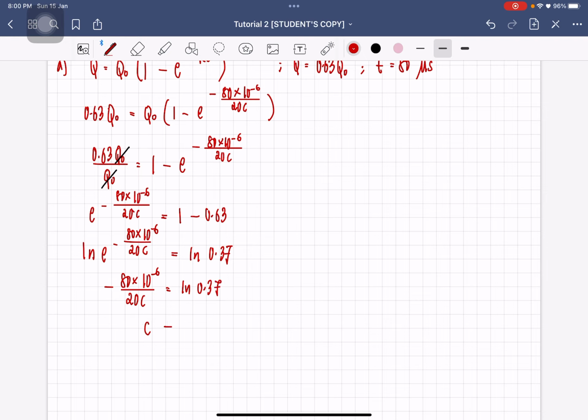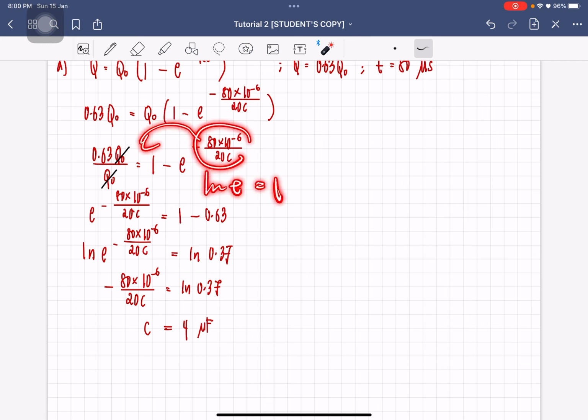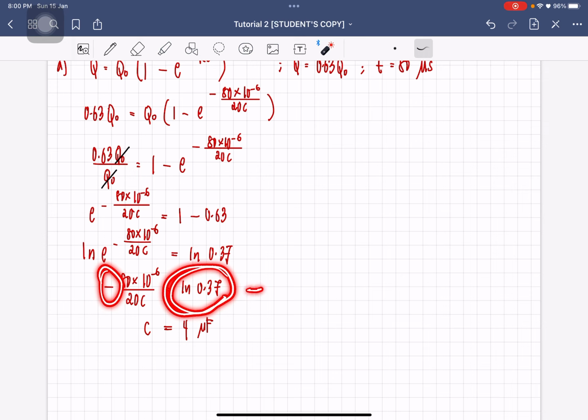Your value of C is going to be equal to 4 microfarad. Always remember to ln both sides to bring the power down to the front. ln e is equal to 1, so it moves to the front. Don't forget the negative value. It will have a negative, because this value will give you a negative value. So negative becomes positive.